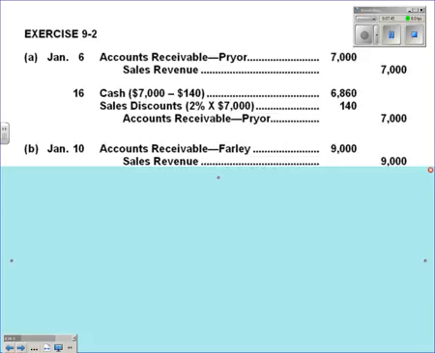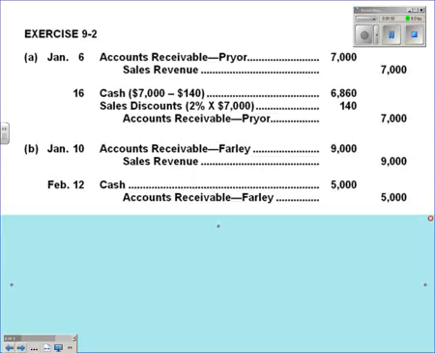On February 10th, Farley is billed for the amount due. On February 12th, pays $5,000 of the balance, not all of it, just $5,000. Why is he not? There is no discount with the credit card, okay?